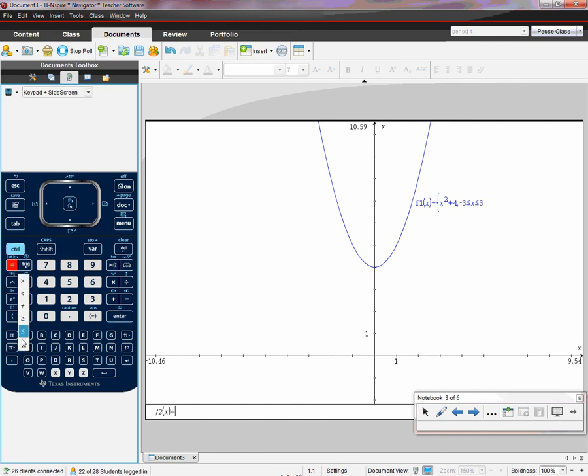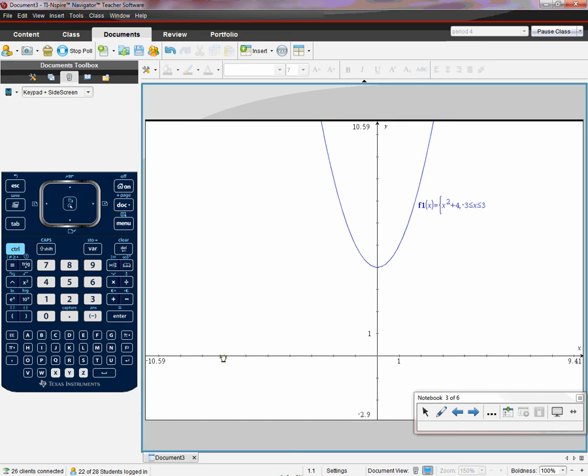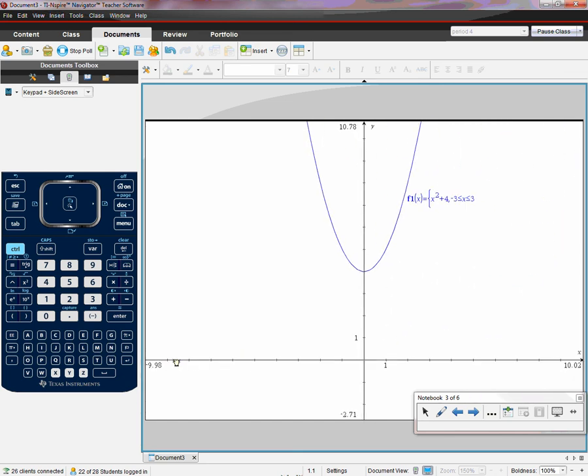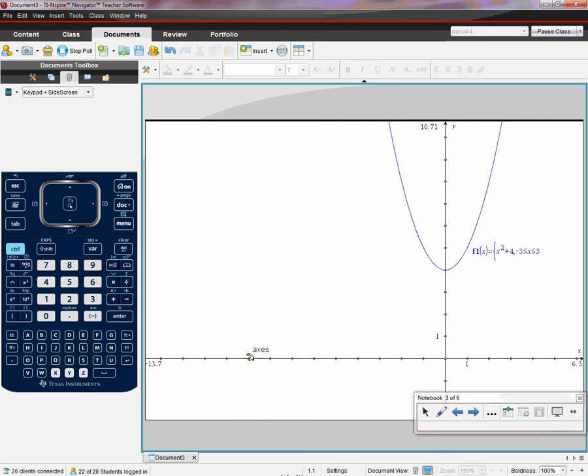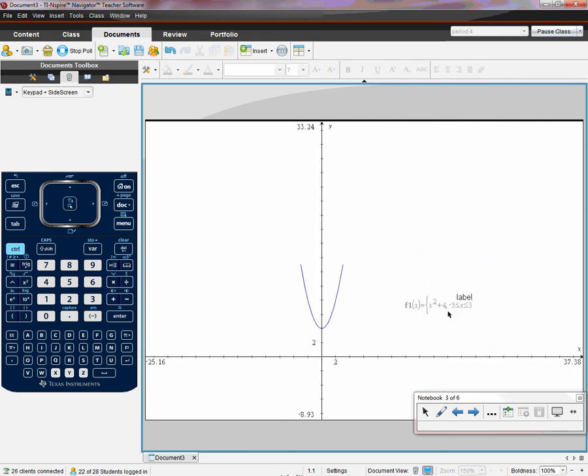Control equals gives you the separation bar. And if I can grab an axis, there we go. Notice how it's cut off. That's because I restricted the domain.